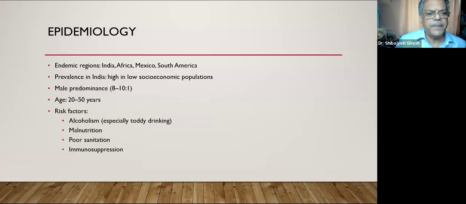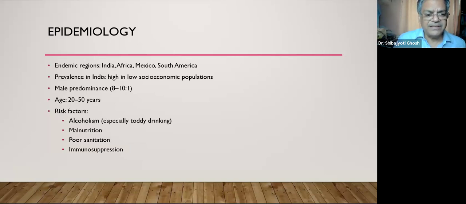There is significant morbidity if it's left untreated. In India, as I said, it is common, as in other parts of the world, particularly Mexico and South America, in low socioeconomic zones. Bad hygiene is one of the reasons for this disease. Males are more commonly affected than females, and middle-aged persons are mostly affected.